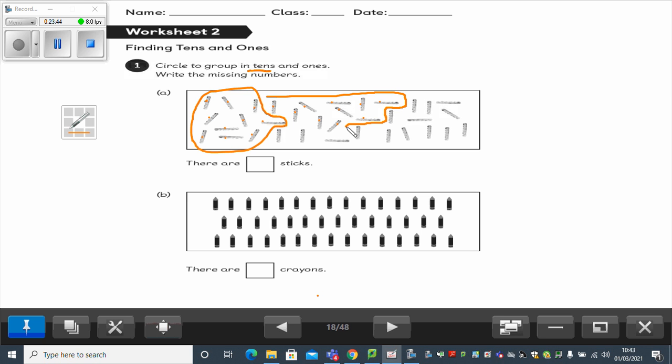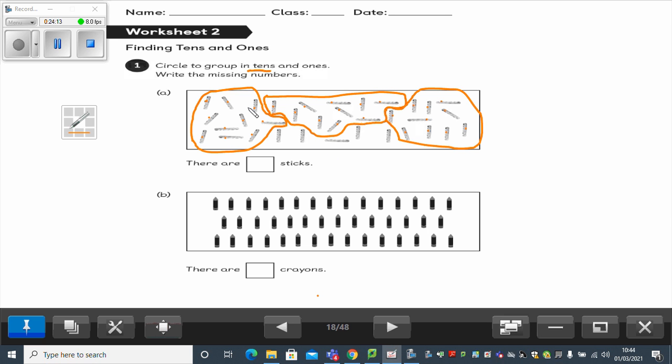Let's go carefully around those so we have them all in one group and see if we can make another 10. 1, 2, 3, 4, 5, 6, 7, 8, 9, 10. Okay, let's put those in a group of 10. I think that's the last 10 I can make. There's not enough there to make another 10, so they're my ones.